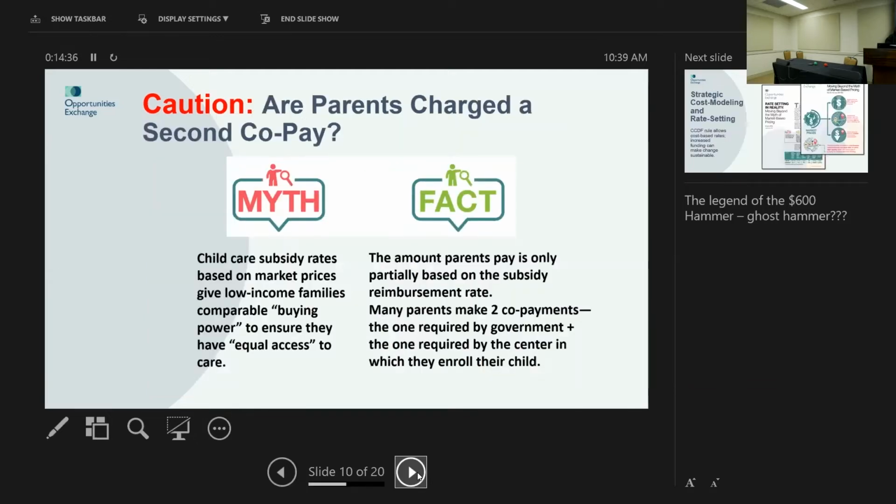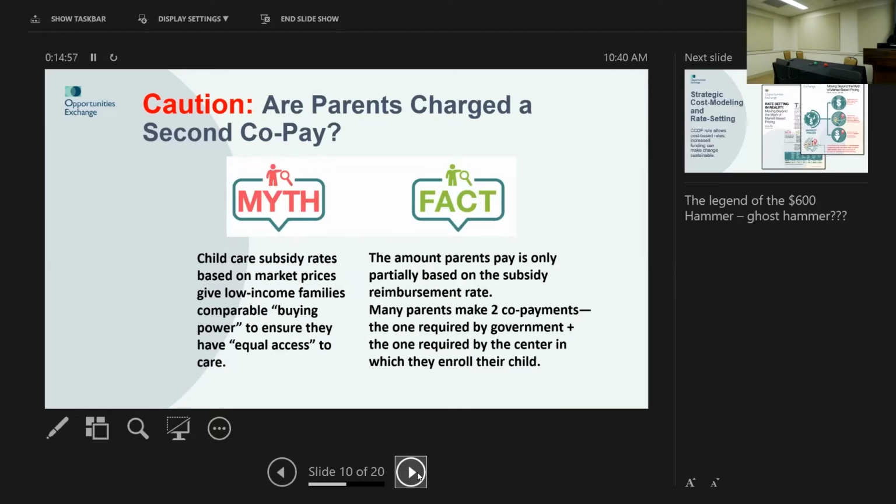Next slide. Another big beef of mine is what I call the second copay. So childcare rates are based, as I said, on a market rate the state sets. They also set a parent copay. They subtract the parent copay from the market rate before they send payment to the provider.